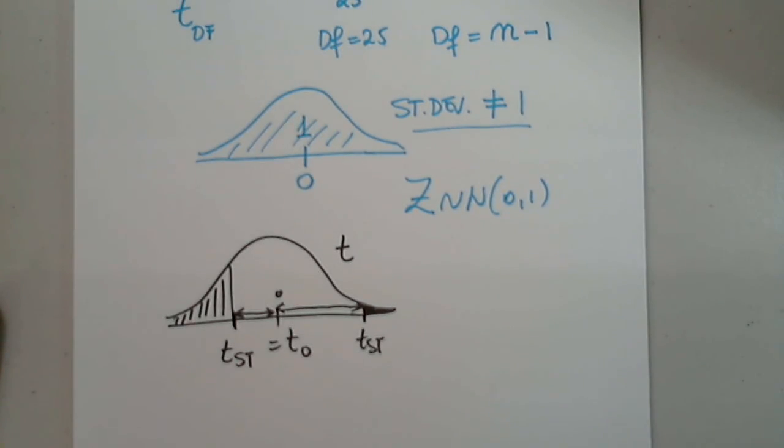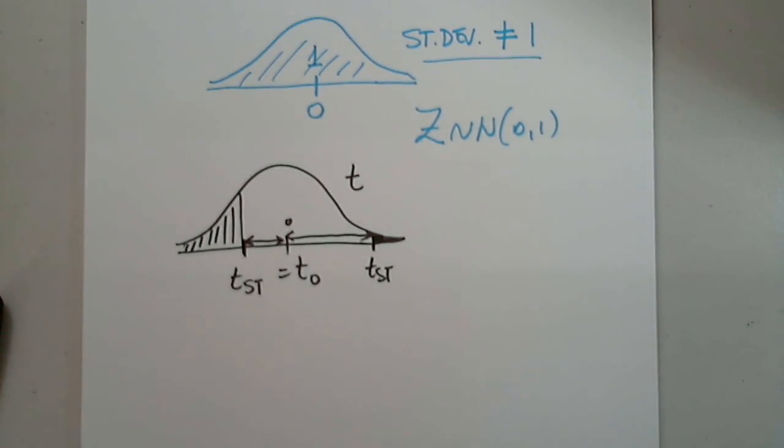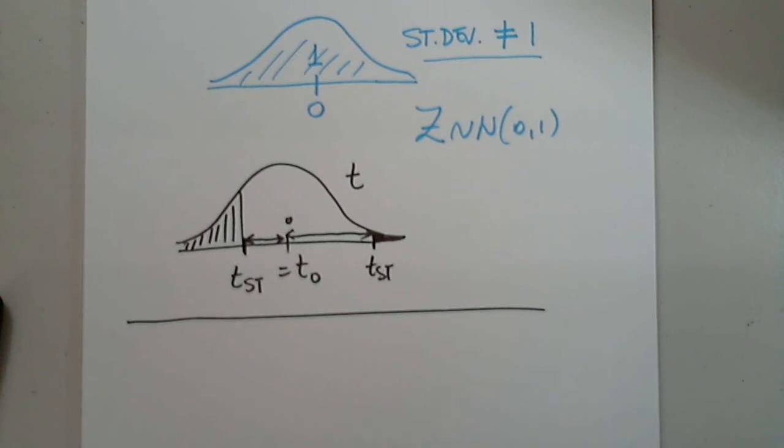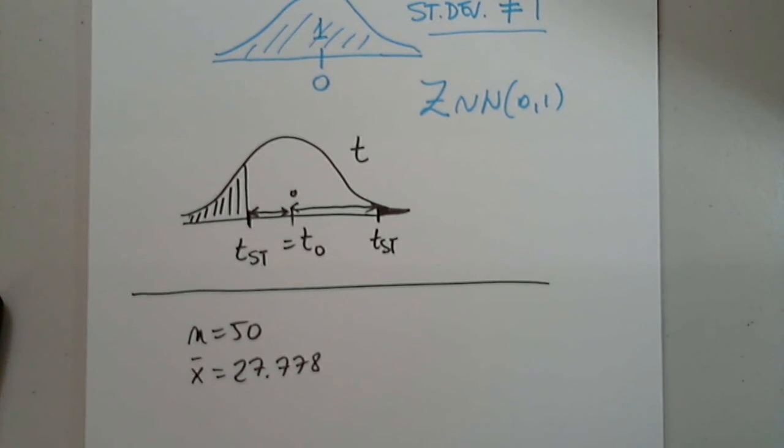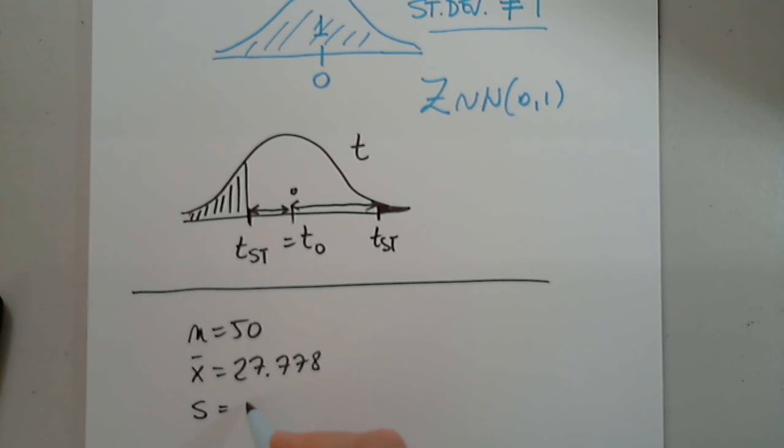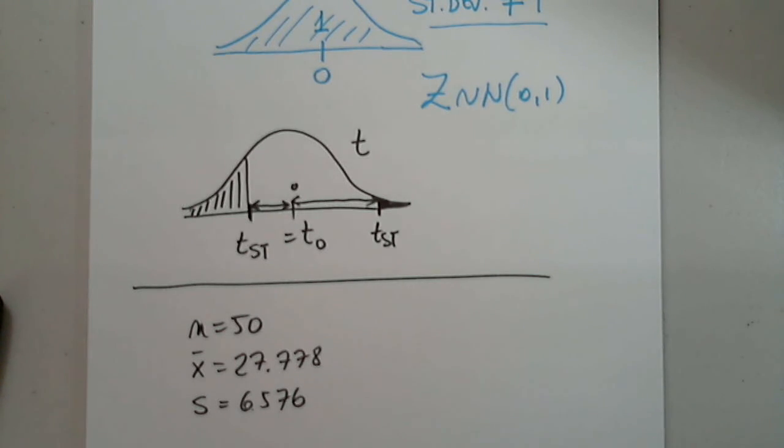Okay, so I'm going to copy it so I can explain. In this particular example, we are given n. This is a lowercase n, not the uppercase N. The mean from the sample, x bar, is 27.778. Standard deviation, s, is 6.576. T, this is the T statistic, and it's not uppercase T. That's an error.